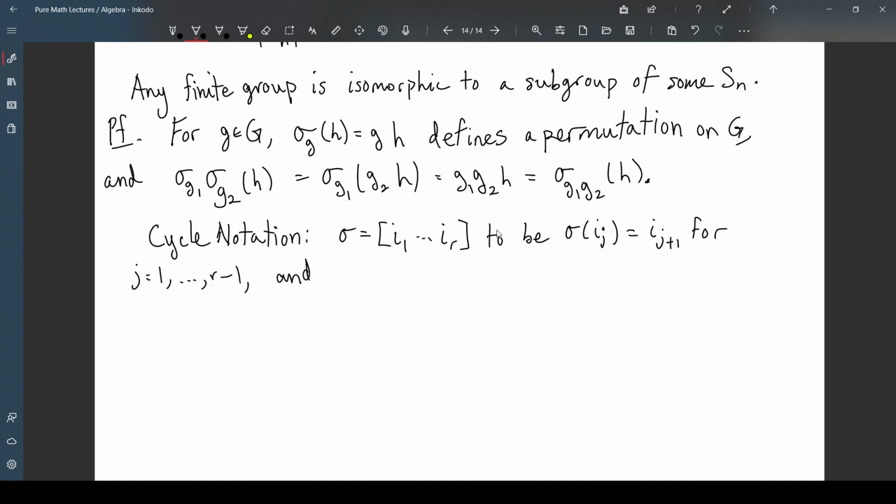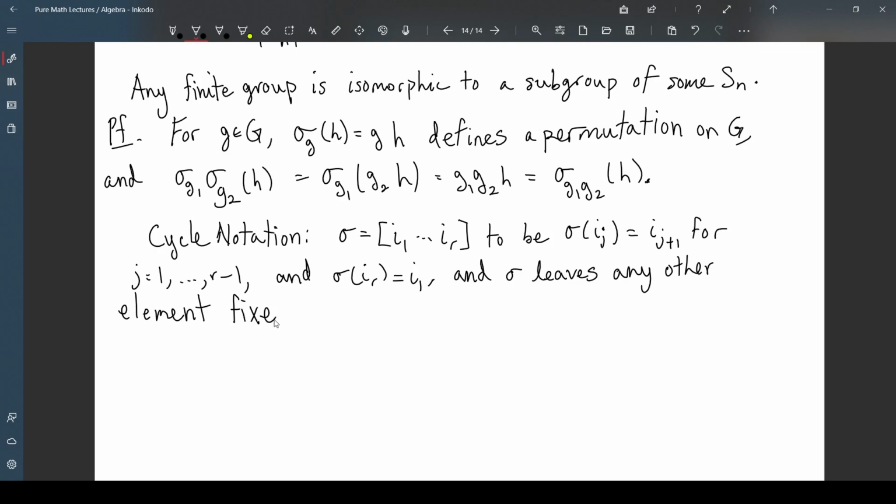And then once you get to i sub r, you wrap back around. And sigma leaves any other element fixed.